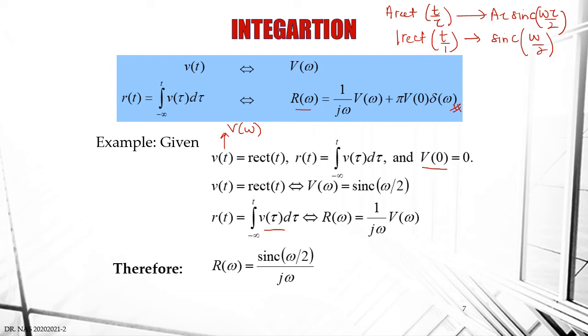So in this case, just replace the equation with V naught equal to 0. Therefore, this one is 0. So your R omega equals 1 over j omega multiplied with V omega. What is your V omega? It is from the rectangular function. So the output of integration for r(t) is R omega equal to this equation.